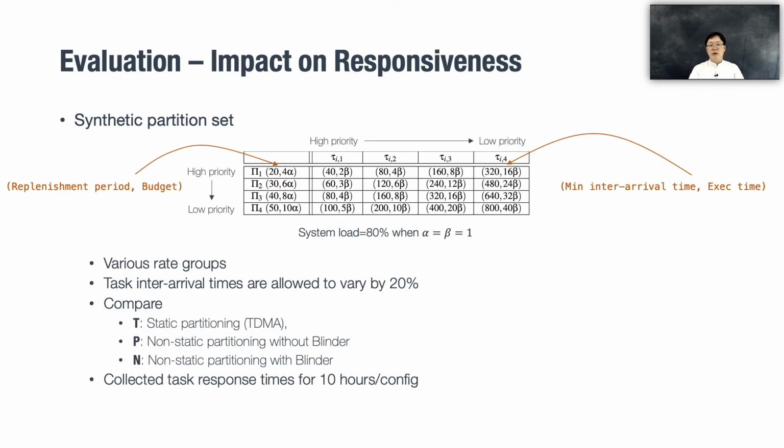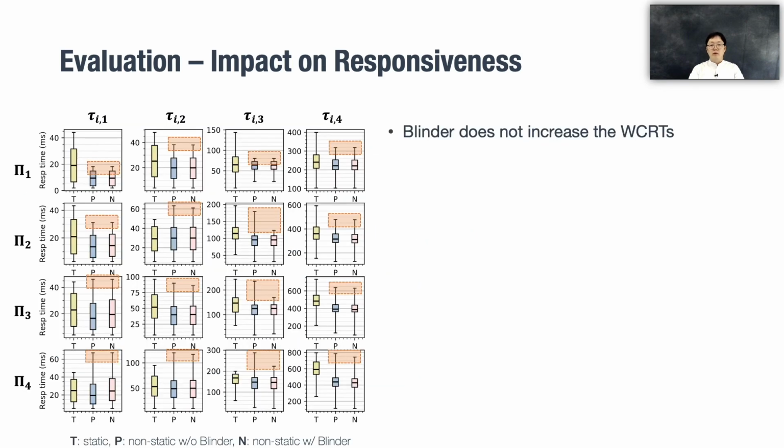We evaluate the impact of blinder on the responsiveness of real-time tasks using a synthetic partition set. We compare 3 methods: the static partitioning, the default non-static partitioning without blinder, and with blinder. I'm going to highlight only some important points here. These graphs show the worst, best, and average case response times.